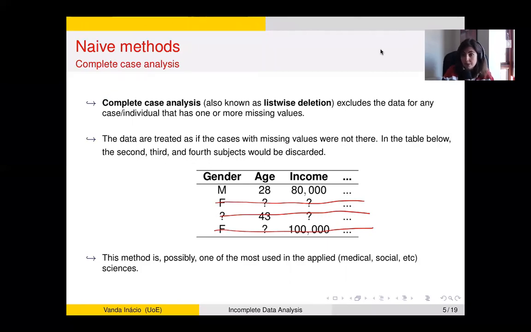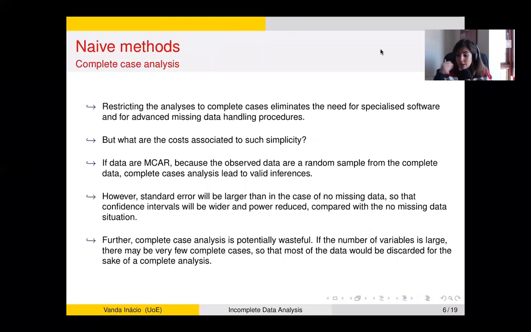And this method, complete case analysis or listwise deletion, is maybe unfortunately still one of the most used in the applied sciences. And okay, why is it so popular?